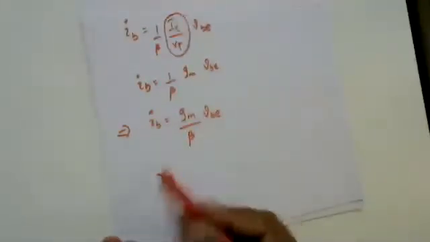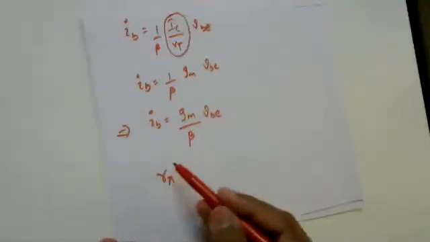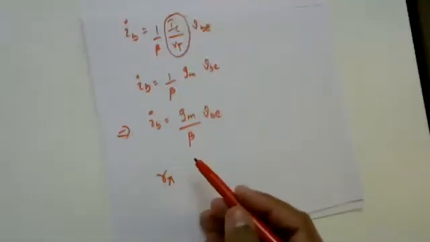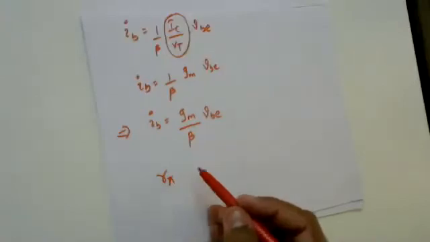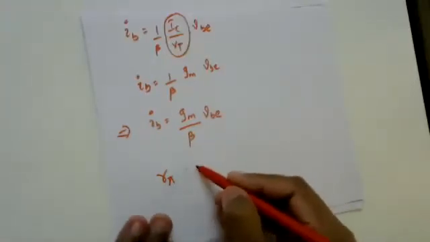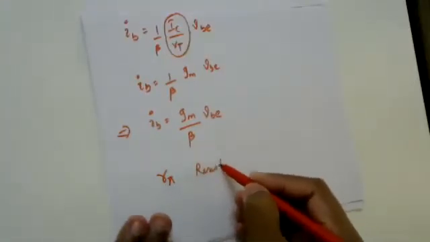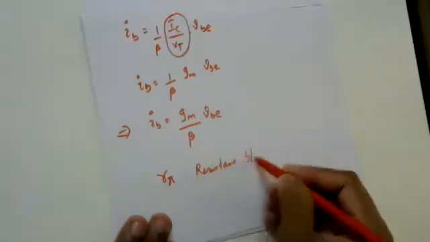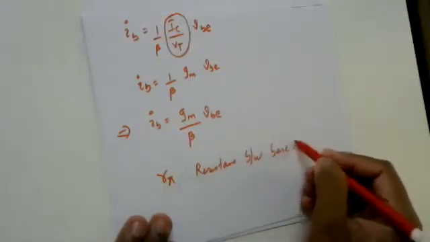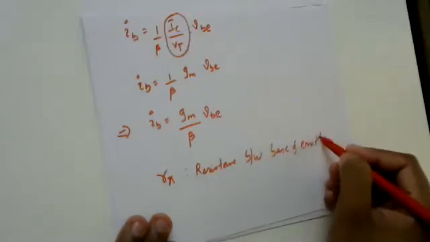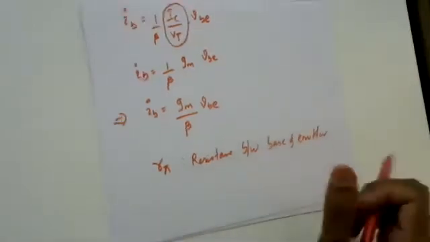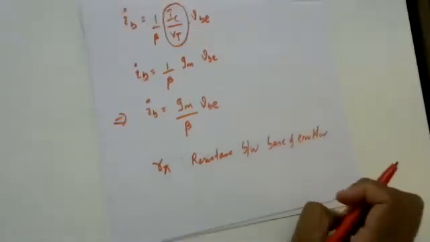So r pi indicates the resistance seen between your base and emitter. The resistance between the base and emitter.